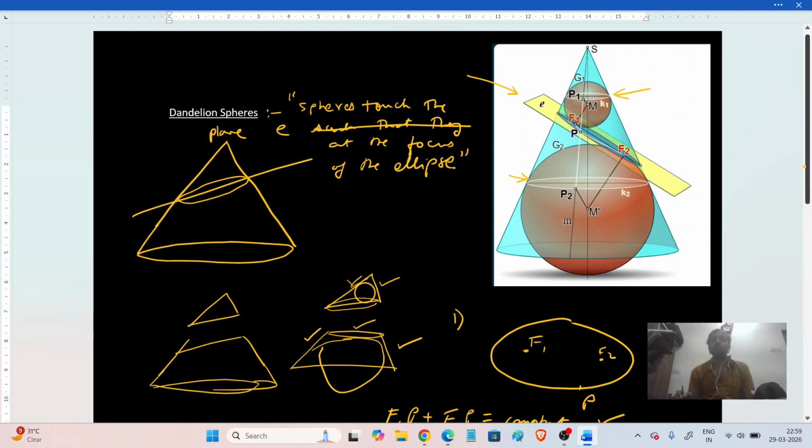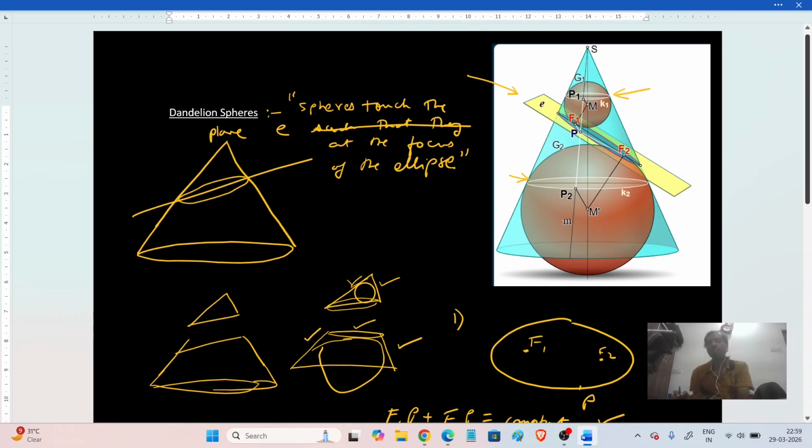Now consider a point P1, a point P and a point P2 such that P1 lies on the upper circle, P lies on the rim of the ellipse, and P2 lies on the lower circle.